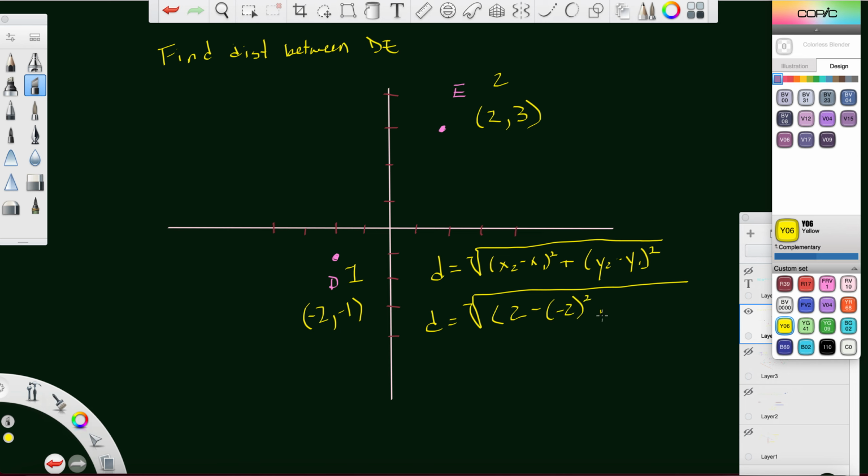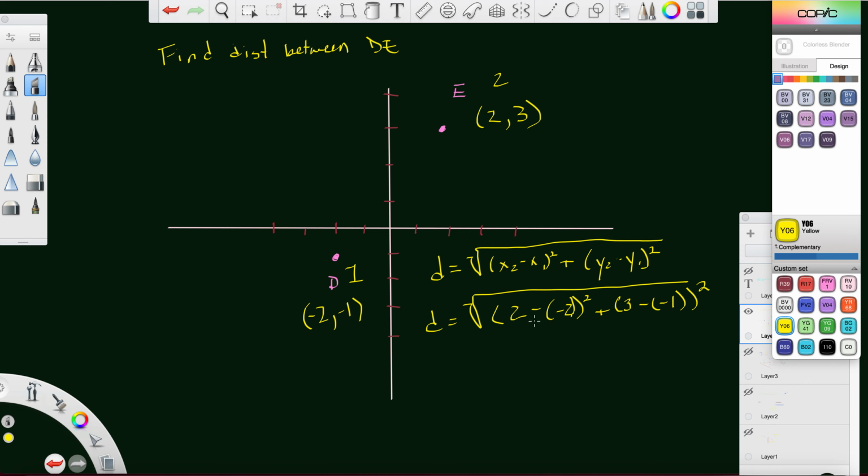Square it plus the y coordinate minus the y coordinate in the first, -1. And I did this for a reason. Subtracting a negative, you may have to subtract a negative.